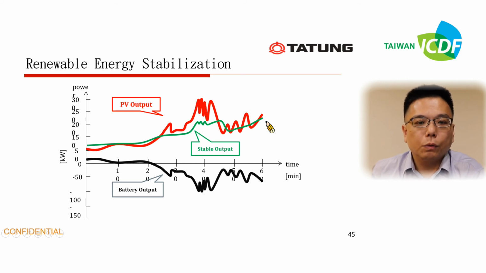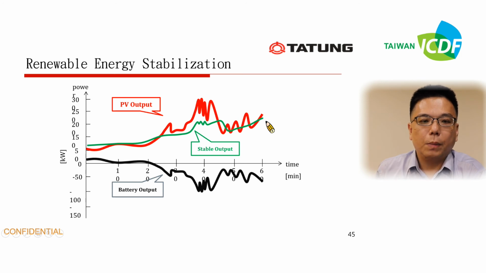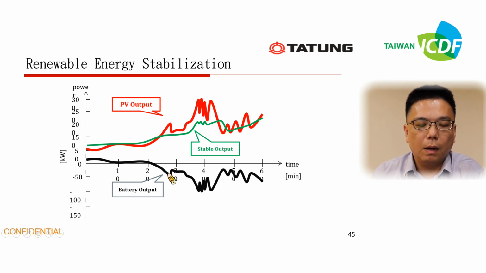So if we integrate with the battery system, you can see that when the PV output generation is higher, we can let the battery system charge.